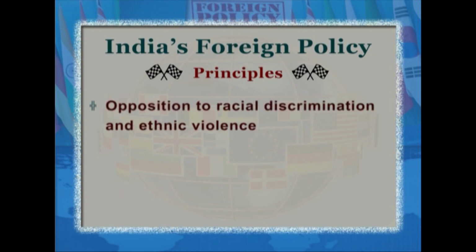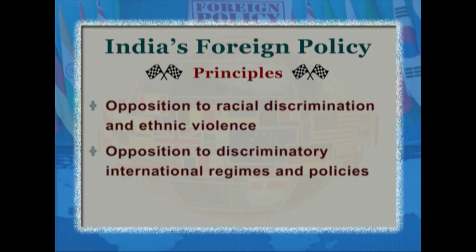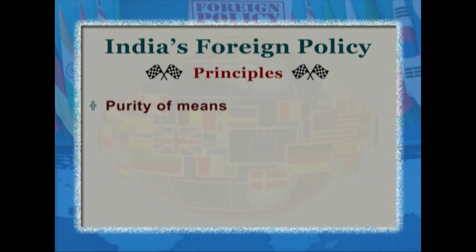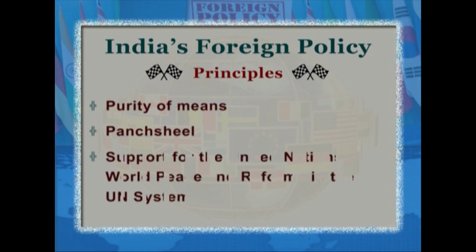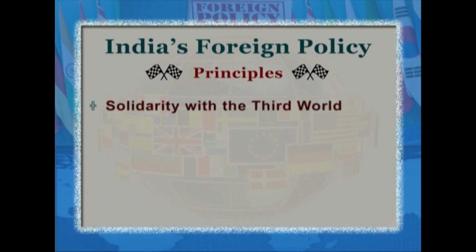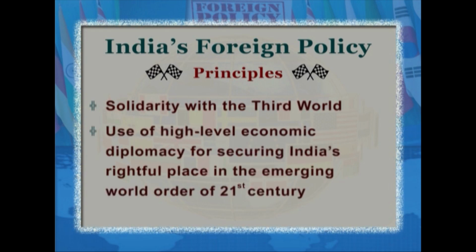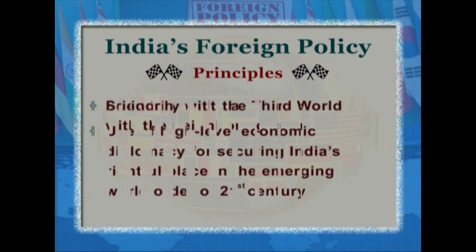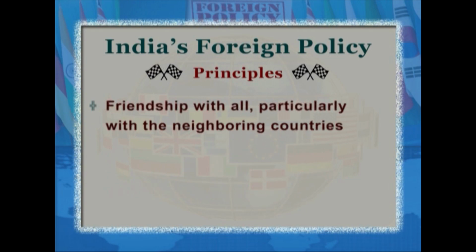Next, opposition to racial discrimination and ethnic violence, opposition to discriminatory international regimes and policies, purity of means, panchsheel and support for the United Nations, world peace and reforms in the UN system, solidarity with the third world, use of high-level economic diplomacy for securing India's rightful place in the emerging world order of the 21st century, and friendship with all, particularly with the neighboring countries.